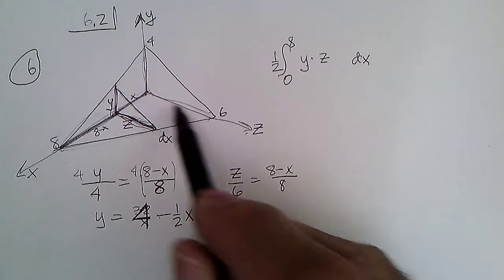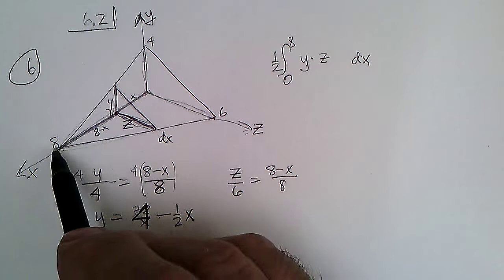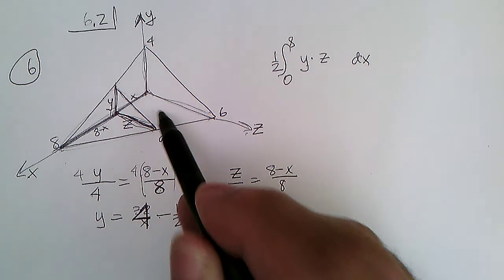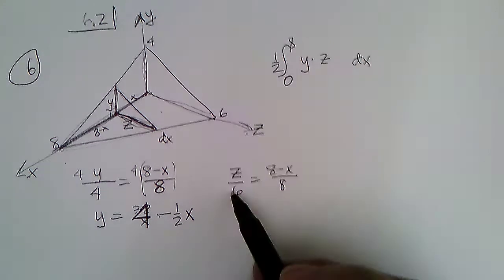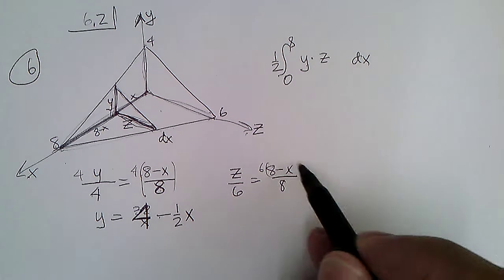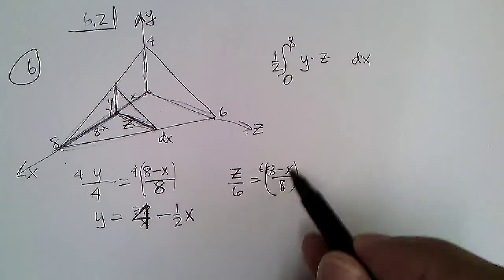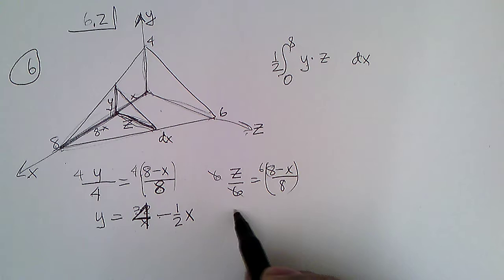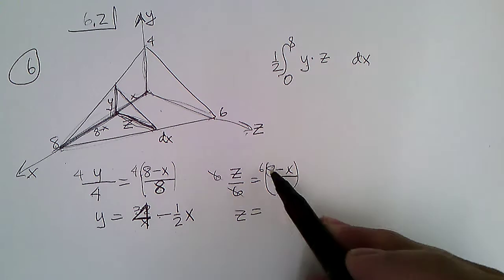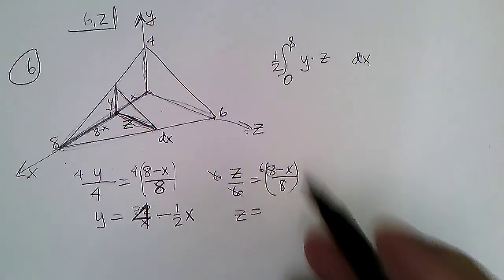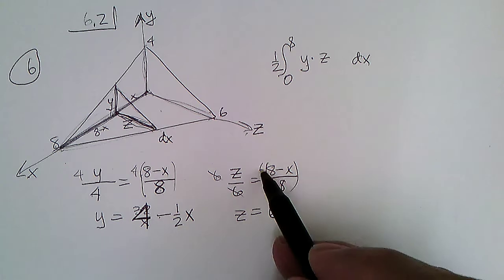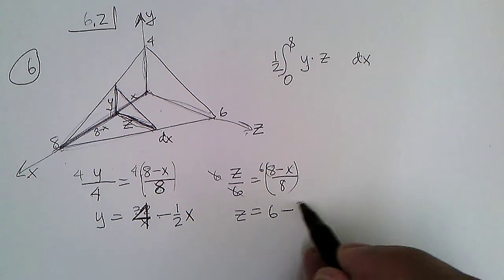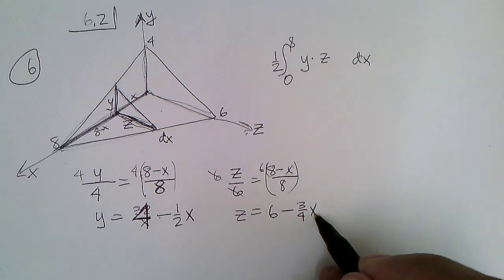Short leg to short leg of the bigger one is the long leg to the long leg of the bigger one. Multiplying both sides by 6, z equals 6 times 8, 48 divided by 8 is 6, minus 6x over 8, and 6 over 8 is 3/4 x.